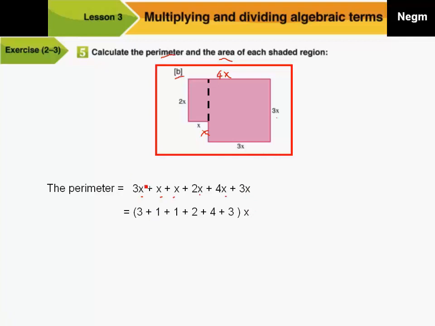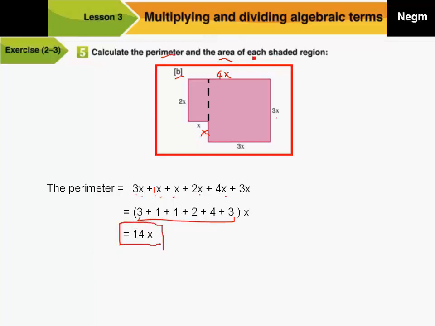If we take x outside the brackets, inside the brackets we'll have 3 plus 1 plus 1 plus 2 plus 4 plus 3. The summation of these numbers will be 14. So the perimeter is equal to 14x.